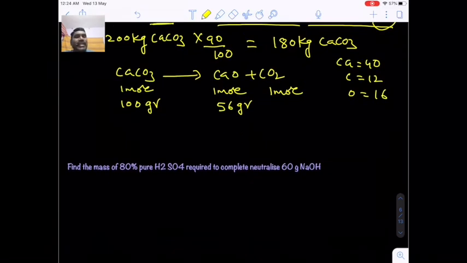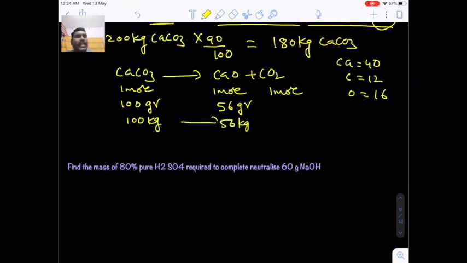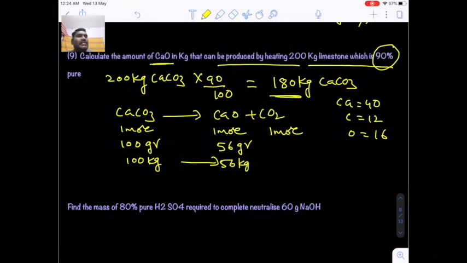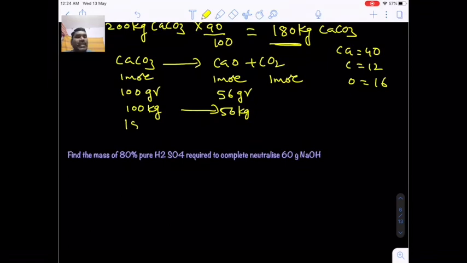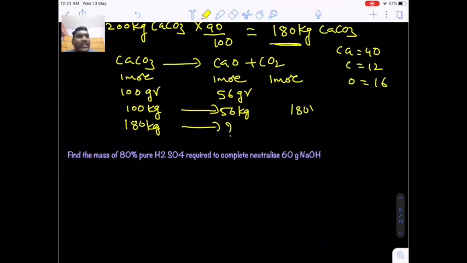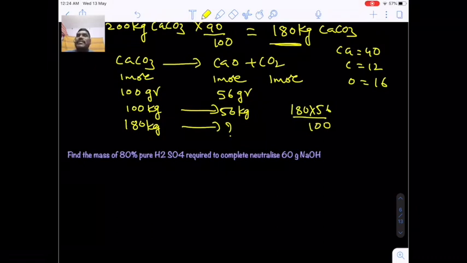If you want to take kilograms, 100 kgs of CaCO3 will give 56 kgs of CaO. Now how many kilograms of CaCO3 in the question? 180 kilograms. According to this, how many kilograms of CaO will be produced? 180 into 56 by 100. So exactly 100.8 kgs of CaO will be produced.